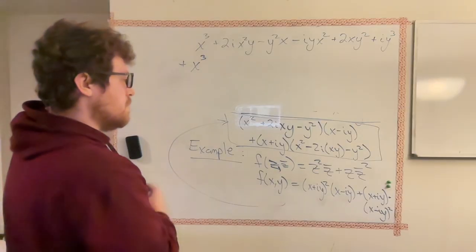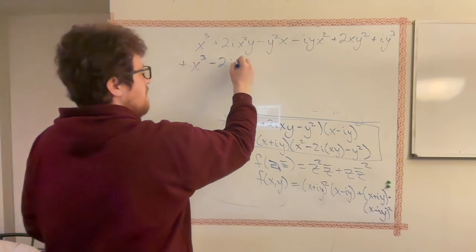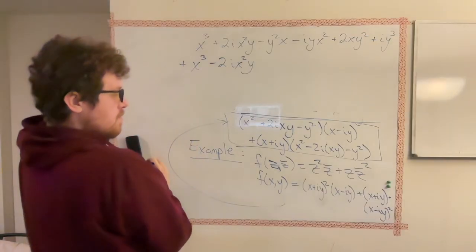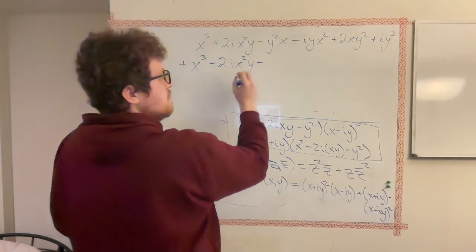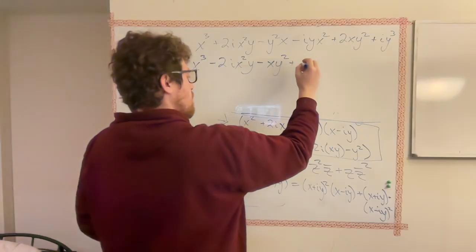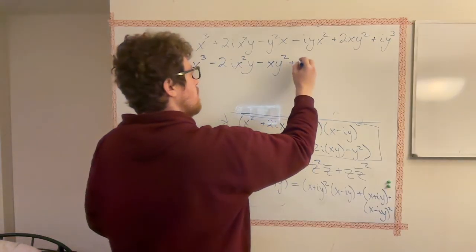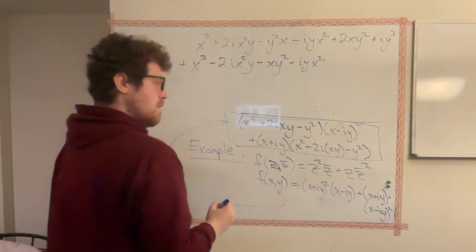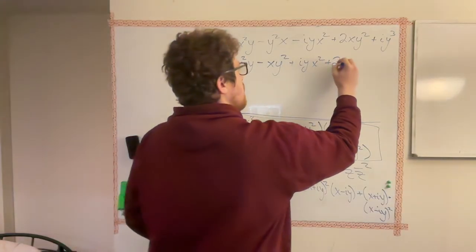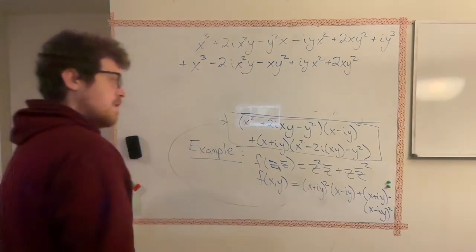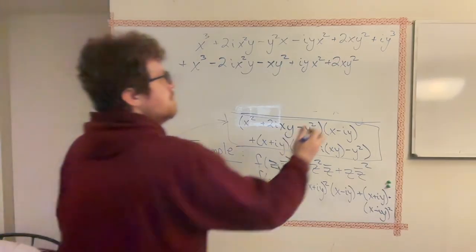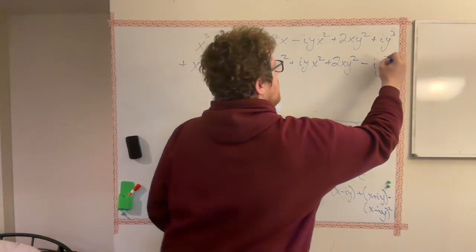Okay, so minus 2i x squared y, minus x y squared, plus iy x squared, plus 2xy squared, minus iy cubed. Okay, so some stuff cancels.